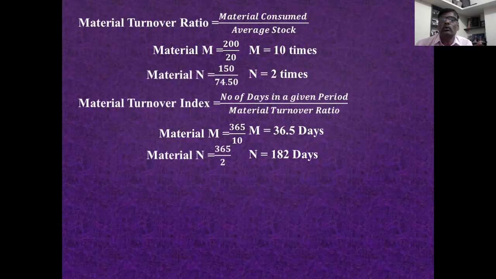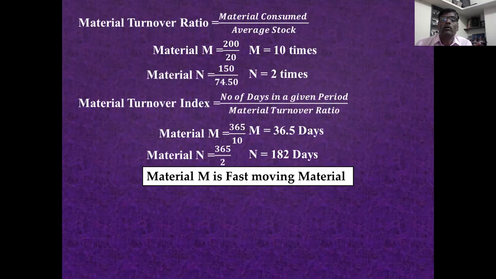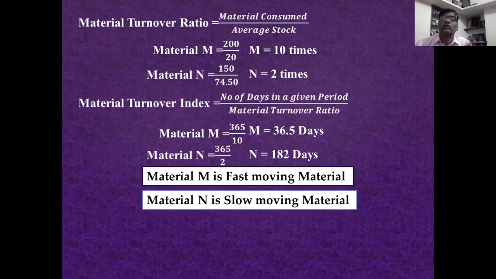This is the duty of the storekeeper. Therefore material M is fast moving, it comes and goes fast. And N is slow moving, it comes late, sleeps in the godown for 6 months, then goes out. This is the information you have to inform.